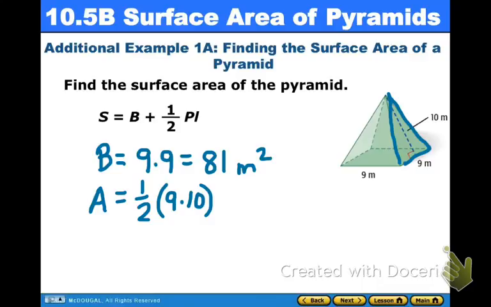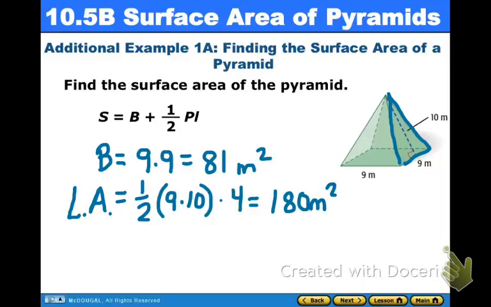So actually I'm going to rename this and call this our lateral area of our pyramid, because we're going to go ahead and take that times 4 right away and get 180 meters squared. So that came from the area of the triangle being 45, and then 45 times 4 is 180.